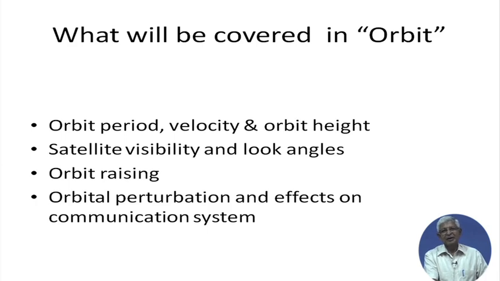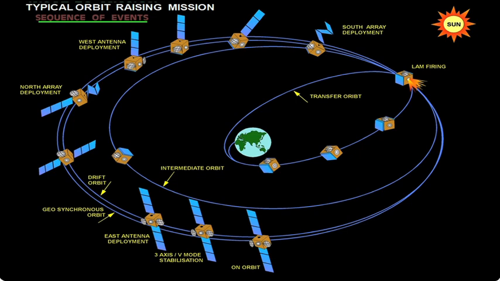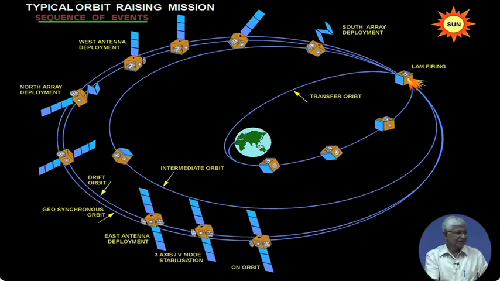Now let us go back to our school days. Okay, before that, let us look at this. This is a picture taken from the internet, of a satellite which is launched from the earth here.